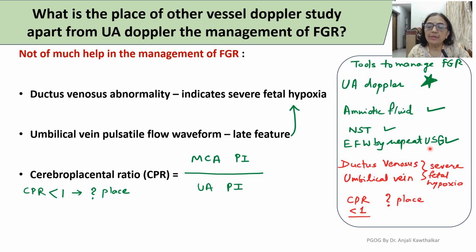That is also because if it is static fetal growth, with no increase, that is also suggestive of a bad outcome. But ductus venosus and umbilical vein Doppler are not going to be of much help because the baby is already damaged by the time there is abnormality in these two. CPR less than 1 also has a question mark about its utility in management of fetal growth restriction.